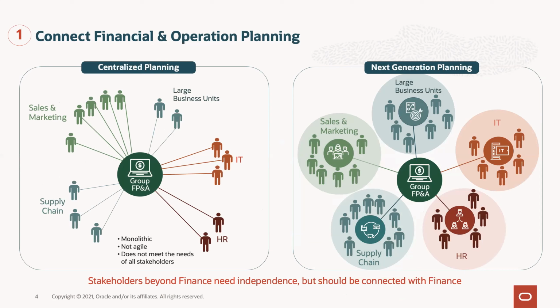What we've seen over the last 20 plus years of planning, budgeting, and forecasting is in a lot of cases, organizations, FP&A in particular, will try to create a very centralized planning process, which certainly meets the needs of FP&A. FP&A gets everything they need that way. However, it really leaves out the rest of the enterprise, and it doesn't allow FP&A to really be well connected with the execution and the operational part of the planning process.